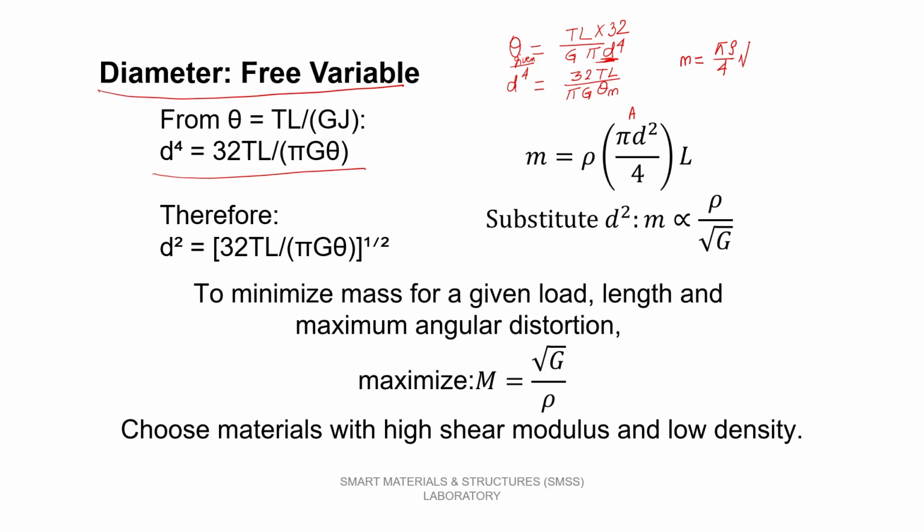So, it will be the square root of a little longish expression, 32 TL divided by pi G theta max. I am just writing it as theta max, so that you know that this theta is not any arbitrary theta. Theta is not a free variable in our case. Okay. And then times that length L.